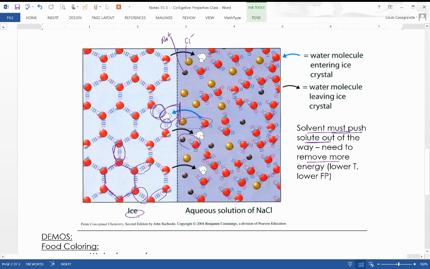Now we're getting that those intermolecular forces are strong enough to overcome the kinetic energy and the other forces of the solute that block them. And so removing more temperature removes more kinetic energy, and that's a lower freezing point.